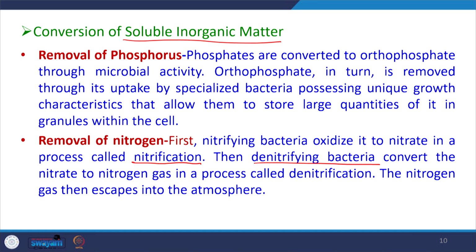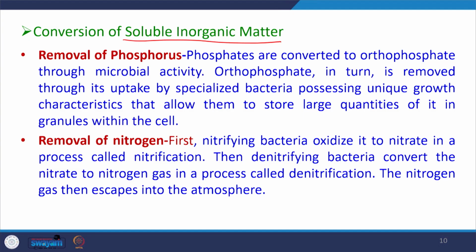In the first step, nitrification happens, where the nitrogen present inside the organic matter gets converted into nitrate. In the second step, denitrifying bacteria convert the nitrate into nitrogen gas, which ultimately escapes into the environment because of the presence of nitrogen above the saturation limit.